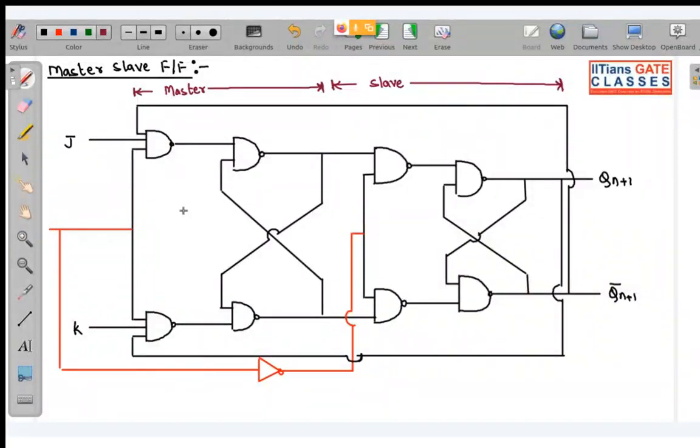One more thing. All these flip flops are basically level triggered. This is the clock. Master will act in the positive level. I am assuming that master is a positive level flip flop, and slave will work in the negative level. Why? Because you can see over here, I have added one inverter.